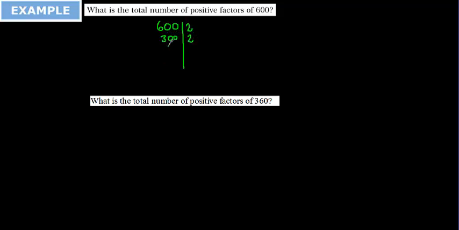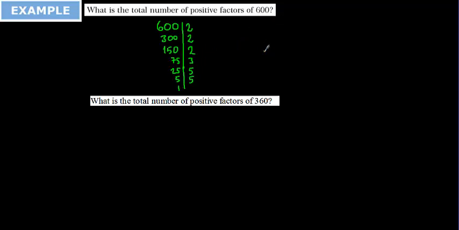Divided by 2, it's going to be 150. Divided by 2, it's going to be 75. Divided by 3, it's going to be 25. Divided by 5 is going to be 5. Divided by 5 is going to be 1.